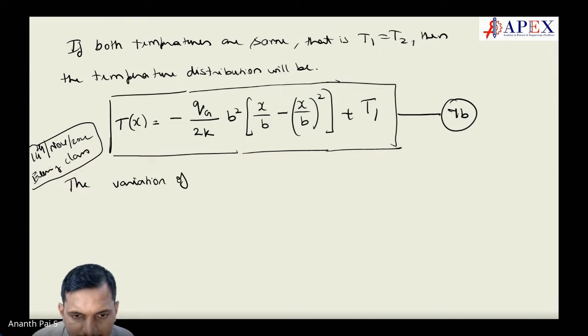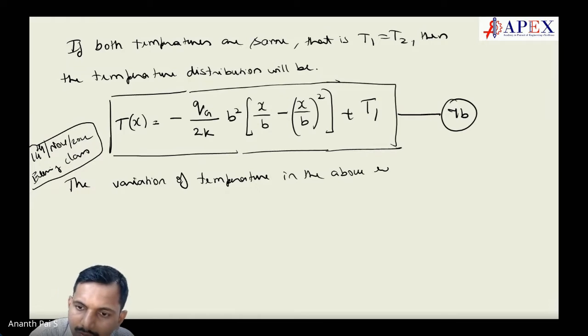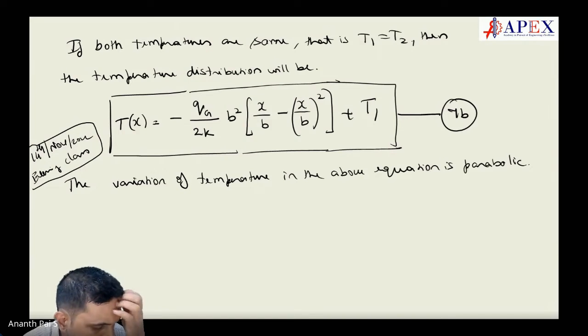The variation of temperature in the above equation is parabolic, right?